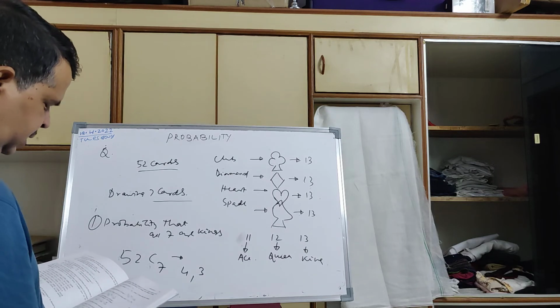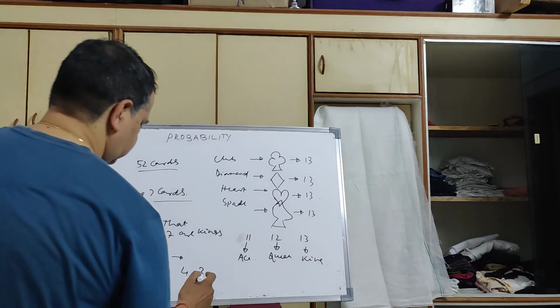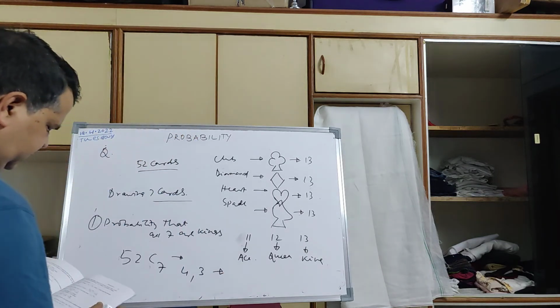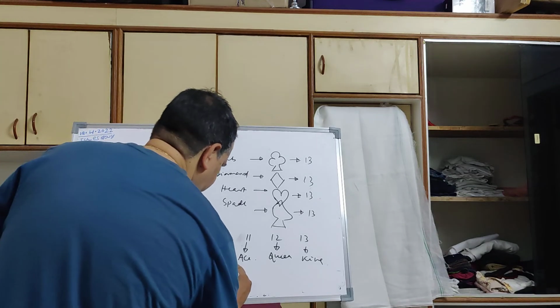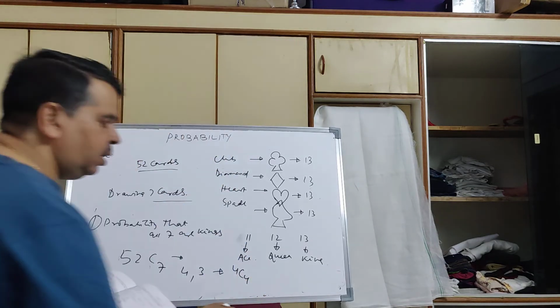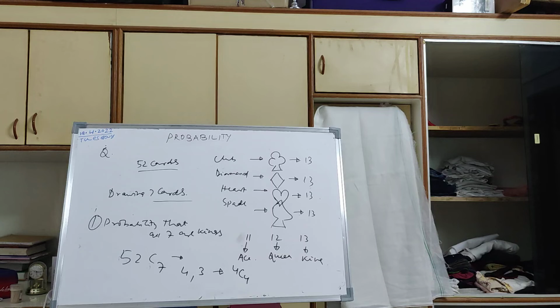You can draw 4 kings out of 4 in 4C4 ways. For drawing 4 kings, available for you is only 4 kings. So that is one way.